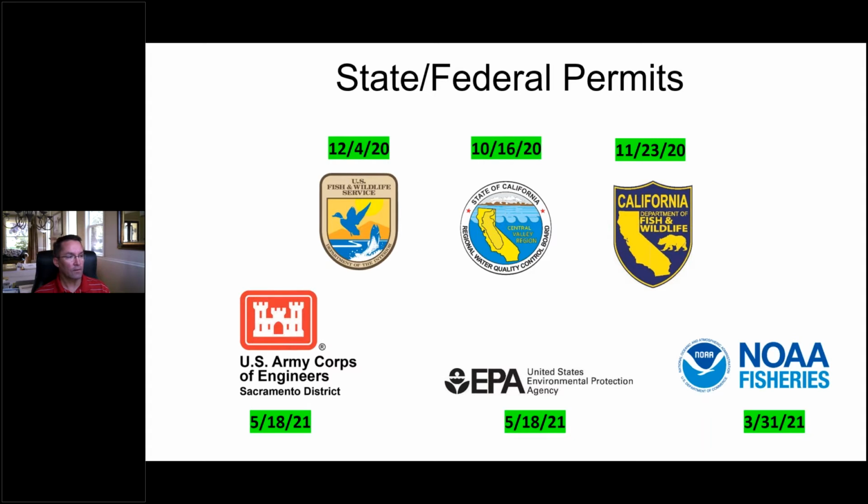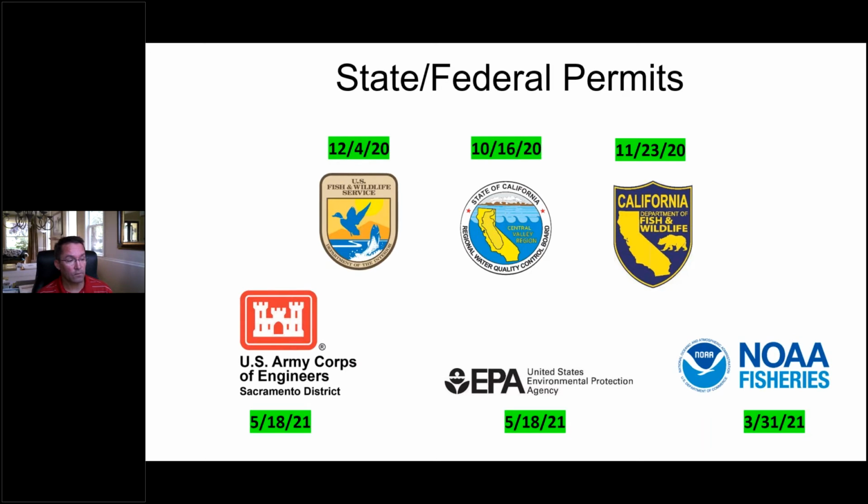And so finally we landed on our permits last year from the state and federal agencies, starting with California Department of Fish and Wildlife in November, shortly followed thereafter by the U.S. Fish and Wildlife Service, and we were able to get a programmatic 401 from the Water Board.